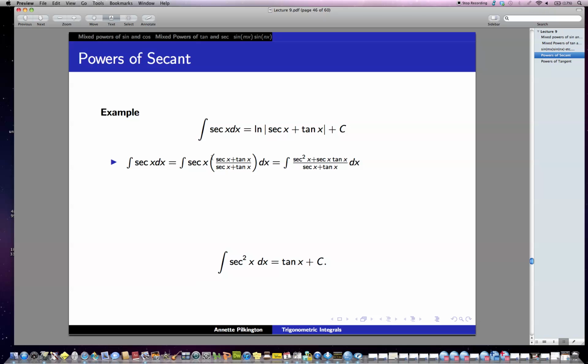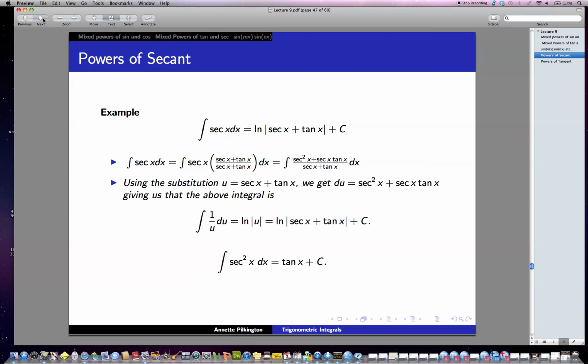Multiplying by the secant in the numerator, we get the integral of (secant squared plus secant times tangent) over (secant plus tangent). Now we make the substitution u equals secant plus tangent, and we see we have its derivative on top, and we end up with the integral of 1 over u du, which is the natural log of the absolute value of u plus a constant, and our result follows.